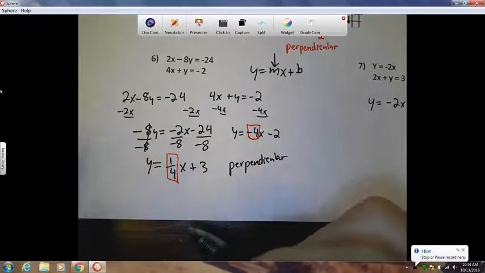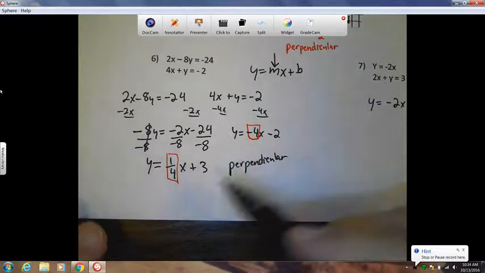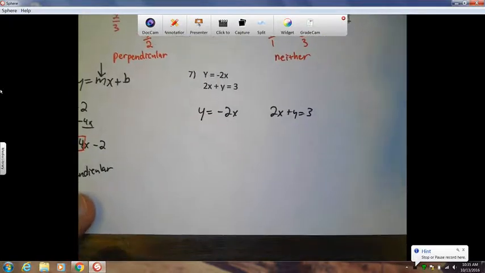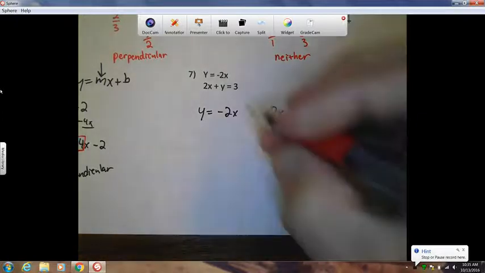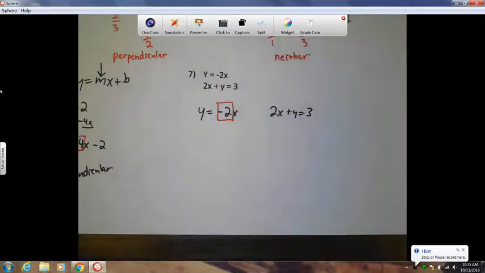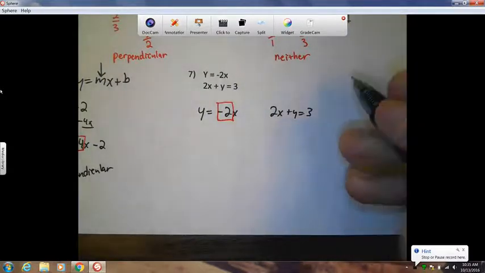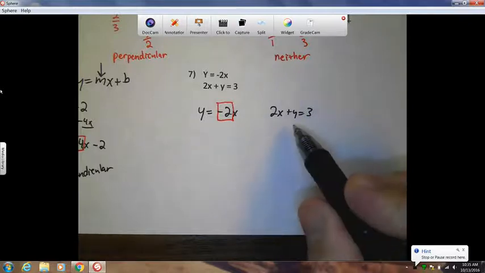And last one. So looking at the slope here, this one I already know the slope. It's -2. Here I need to find it. I can't find it until it's y by itself. I need y equals mx plus b. I need y as the only thing over here.